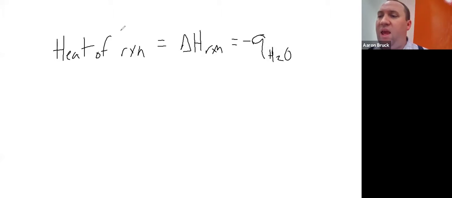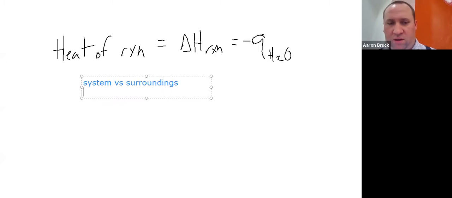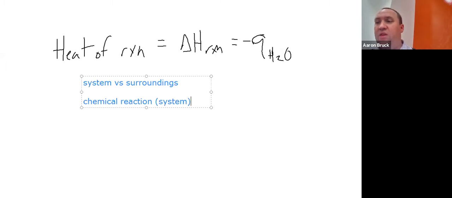Now, why is this the case? Well, it has to go back to this idea that we've established earlier in this thermochemistry chapter of system versus surroundings. The chemical reaction itself is the system. So when we are putting together an acid and a base and trying to figure out how much heat is generated by that acid and base combining, that is the reaction system that we are looking at.